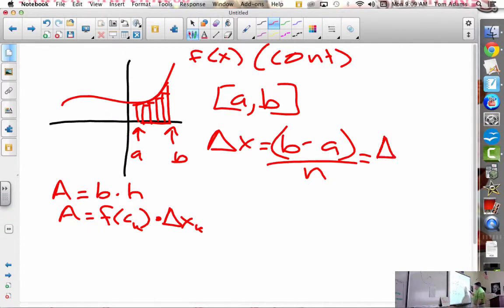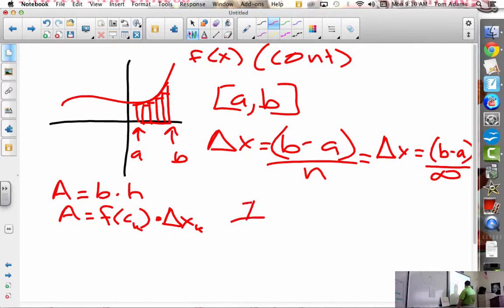But now, in order to get the exact value, we want n to approach infinity, which is another way of saying delta x approaches 0. Now, if we take that approach, there's a formal notation, and that formal notation looks like this.